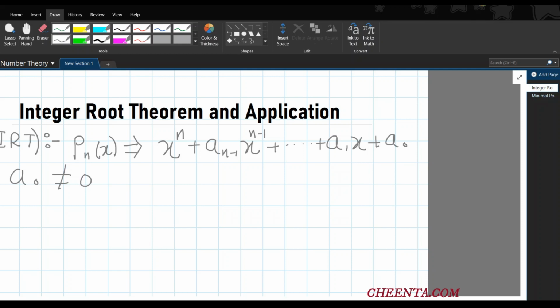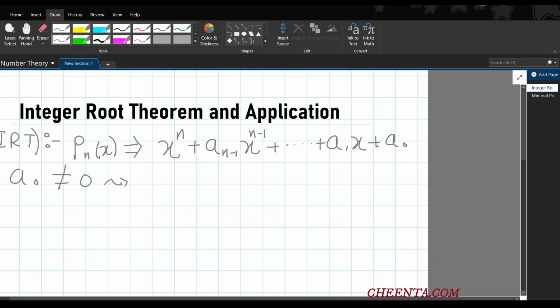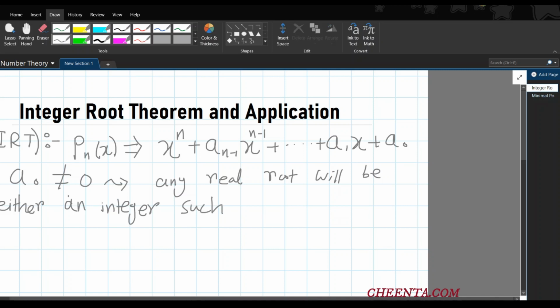So if I have a polynomial like this, then any real root will be either an integer such that it divides a_0.